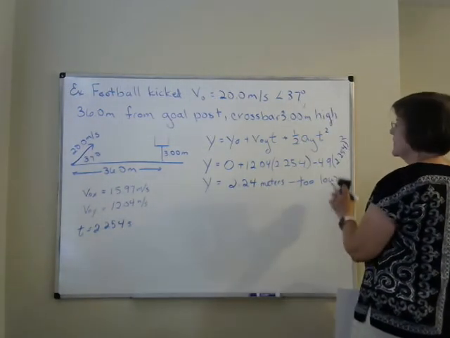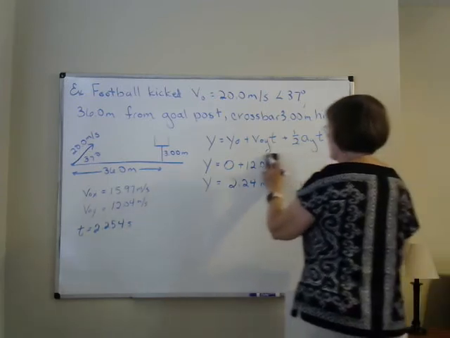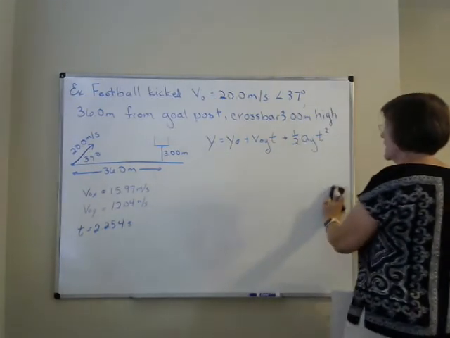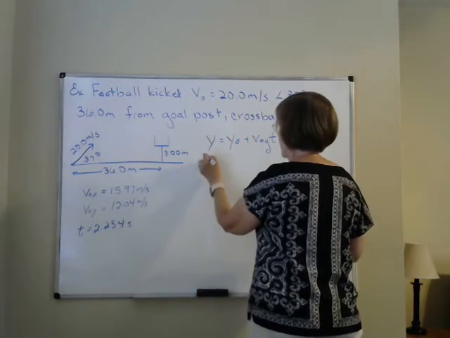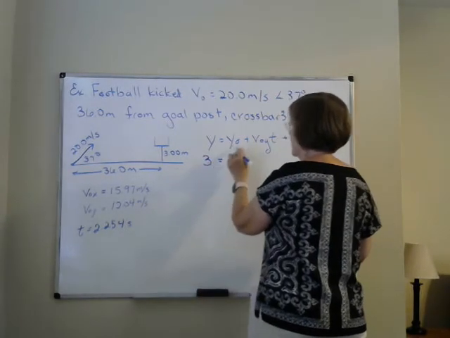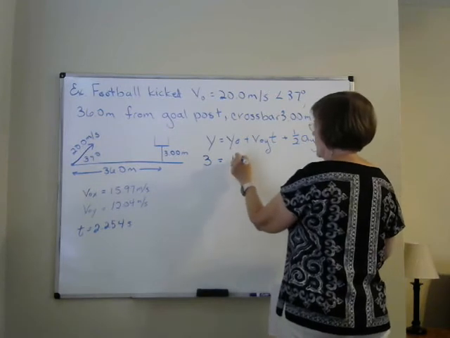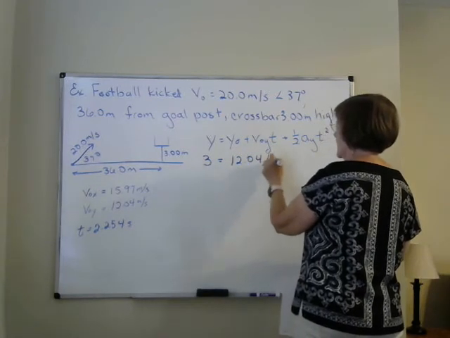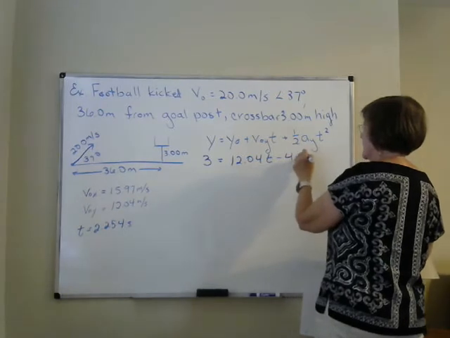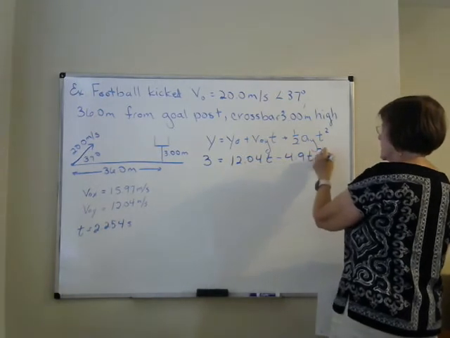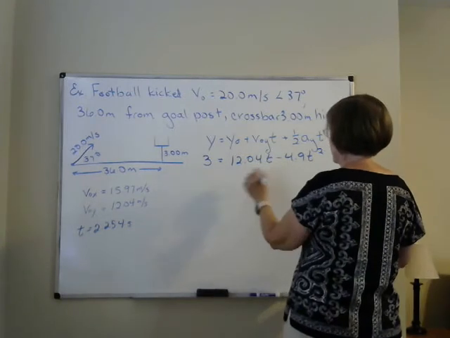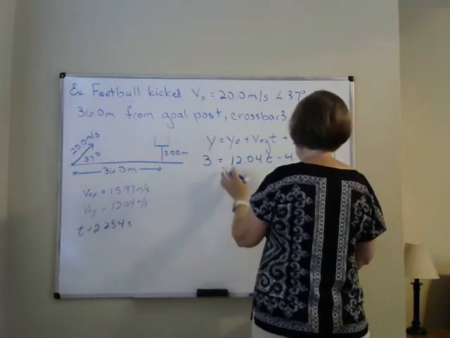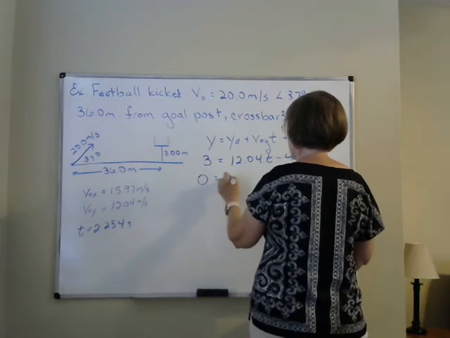That's going to change this question. If we want to change the question, let's go back to here and figure out the time we need. I need this to be 3. I know that's 12.04 t minus 4.9 t squared. It won't factor because I have to subtract the 3 over. So I get this equation.